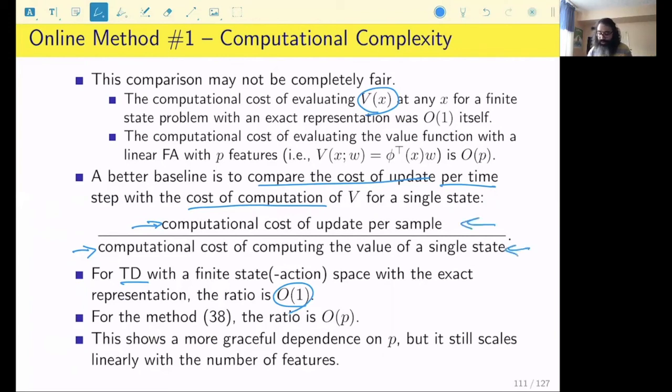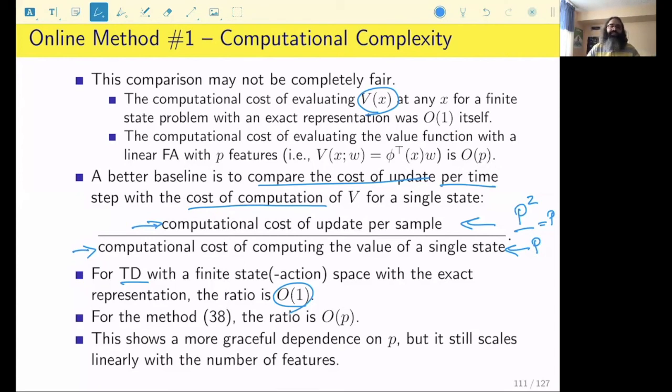But for method 30 that I had in these slides, the update computation would be P squared, but the evaluation of the value function would be order P. So the whole ratio would be order P. This shows that the computational ratio increases linearly as the number of features increases, which is maybe okay, but not ideal.